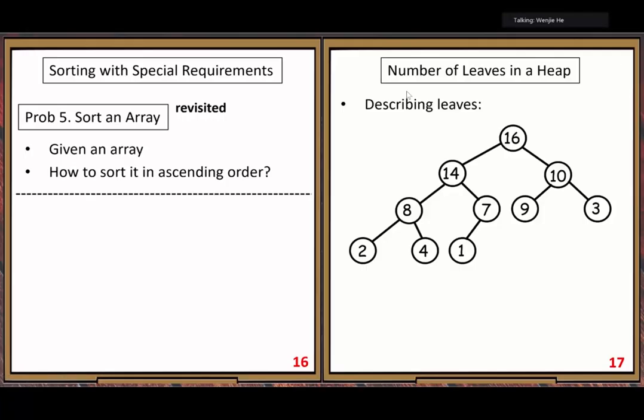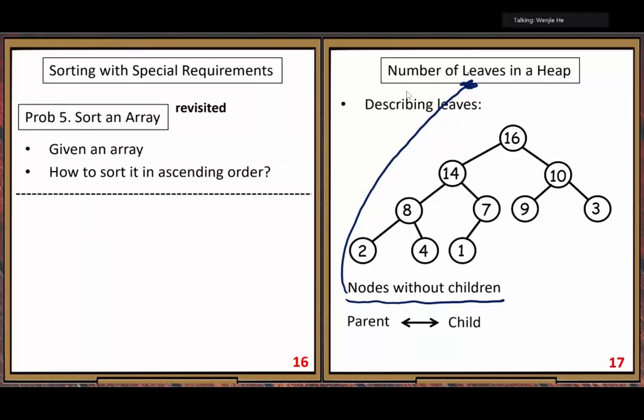Those nodes we call leaf nodes. So those are the leaves. Given any heap, we want to count the number of leaves in this heap. Now, here you can see these 3 leaf nodes, and another 2 here. Total, there are 5 leaf nodes in this heap.